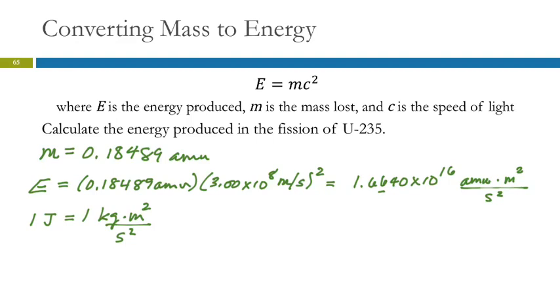An atomic mass unit is 1/12 the mass of one carbon-12 atom. Yeah, everybody remembers that, right?